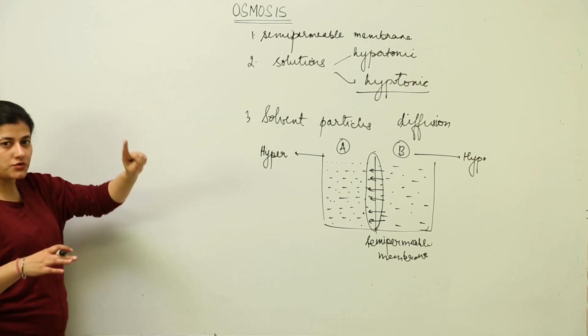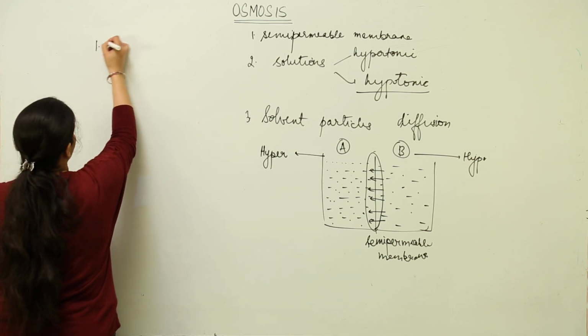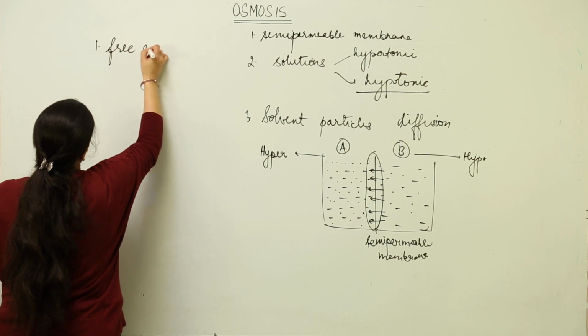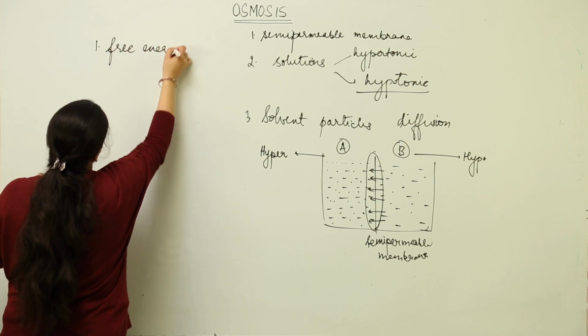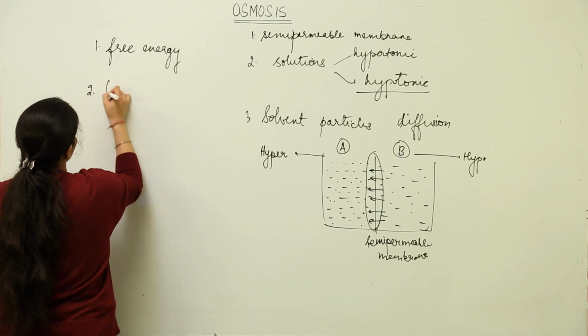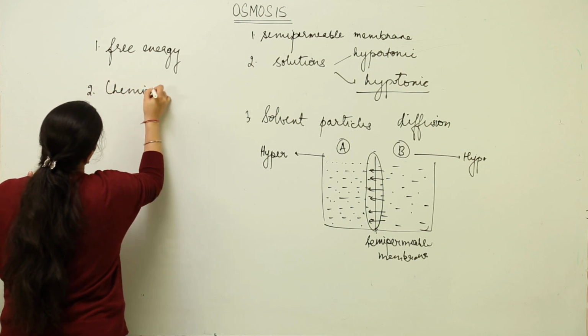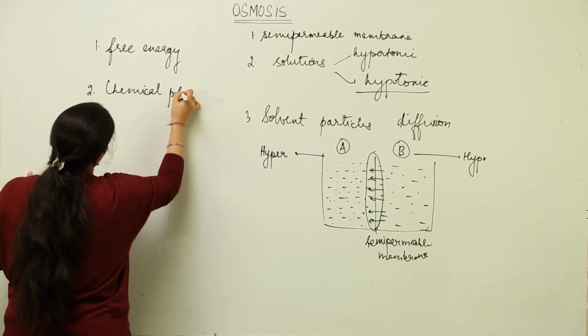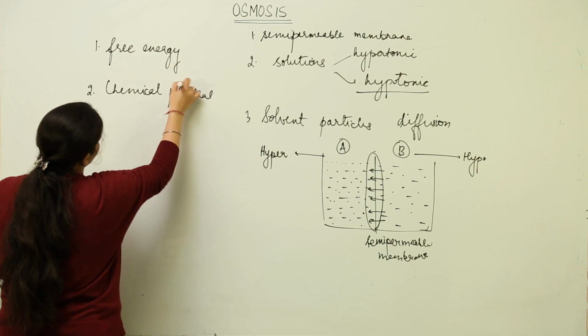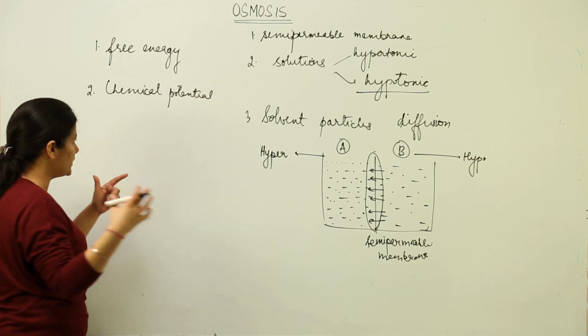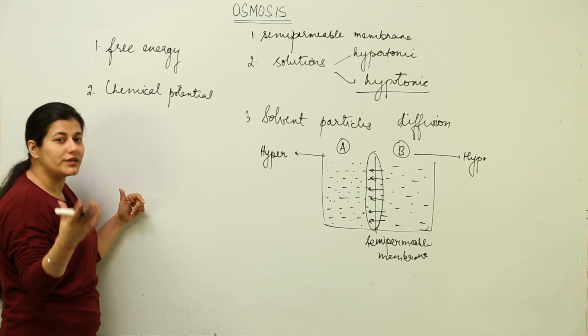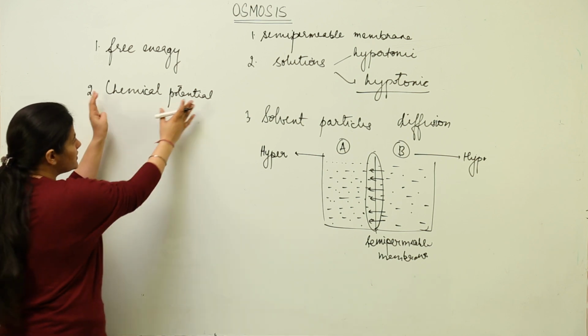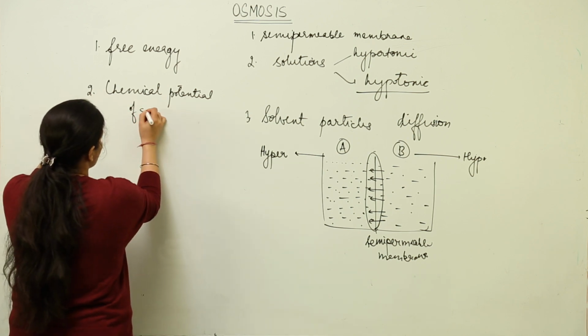In this lesson, we are going to take into consideration two more factors, one being free energy and the second being chemical potential. Chemical potential whenever the solute is different, and because we consider water as the universal solvent, this is the chemical potential of solvent we talk about.